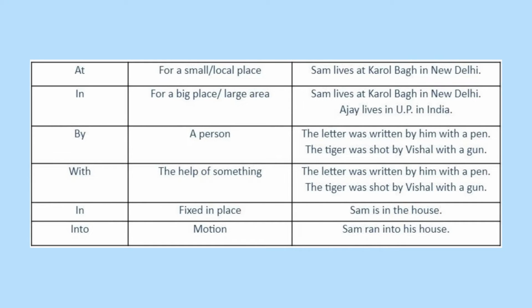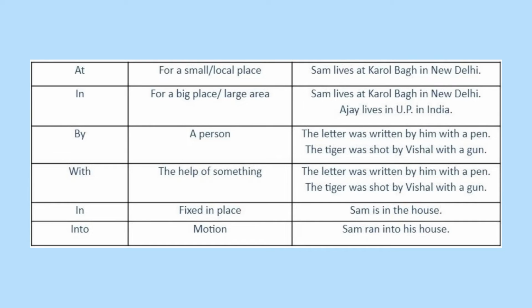Now, let us see the preposition by. It is used for a person. Also, please note that this preposition can be used normally in the passive voice. Let us take an example. The letter was written by him with a pen.